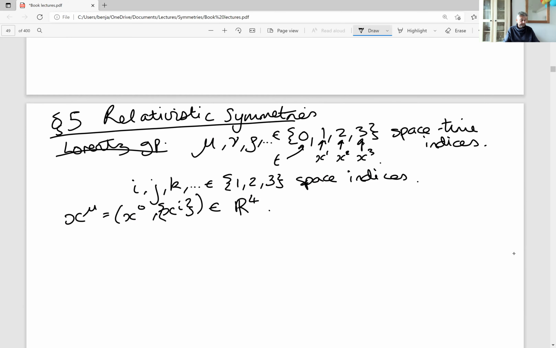So let's define the Lorentz group. Many of you will have seen the definition before.